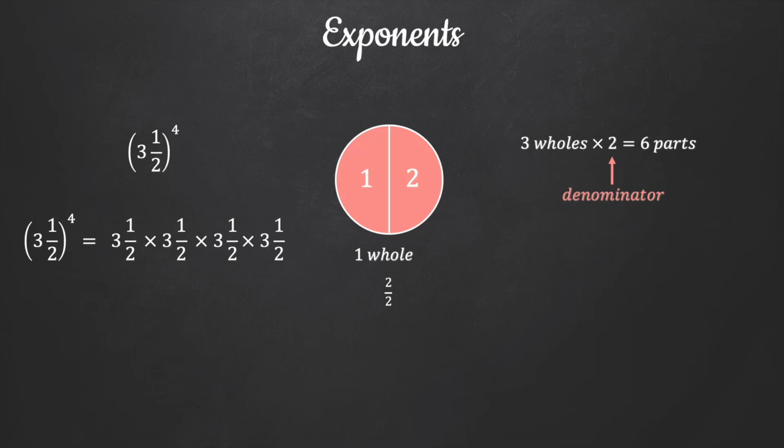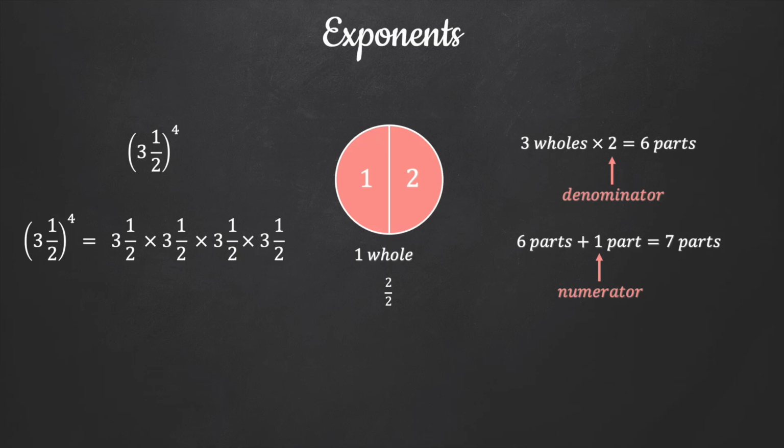So we take our 3 wholes, multiply it by 2, and that means we have 6 parts in 3 wholes. And then we're going to take our 6 parts and add it to the additional 1 part that we have from our fraction, because we have 3 wholes and 1 out of 2, and that would be from our numerator.